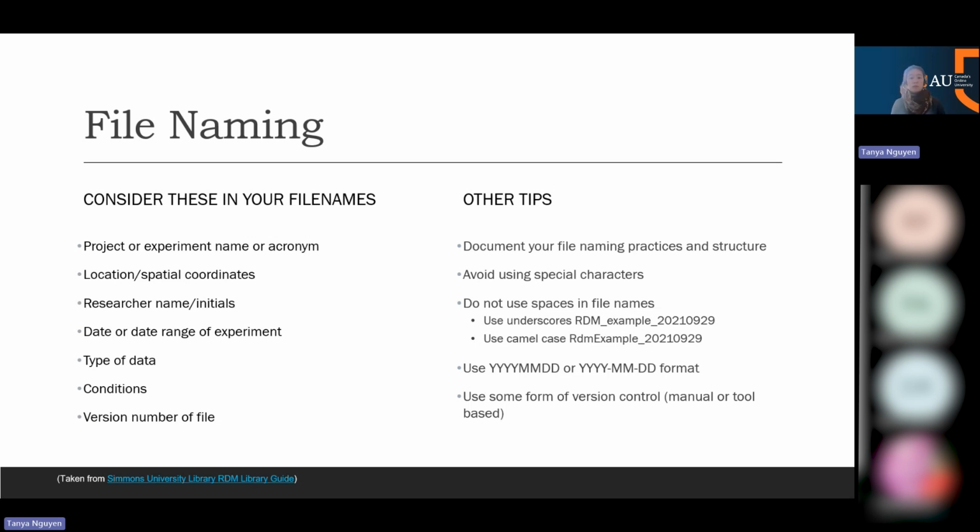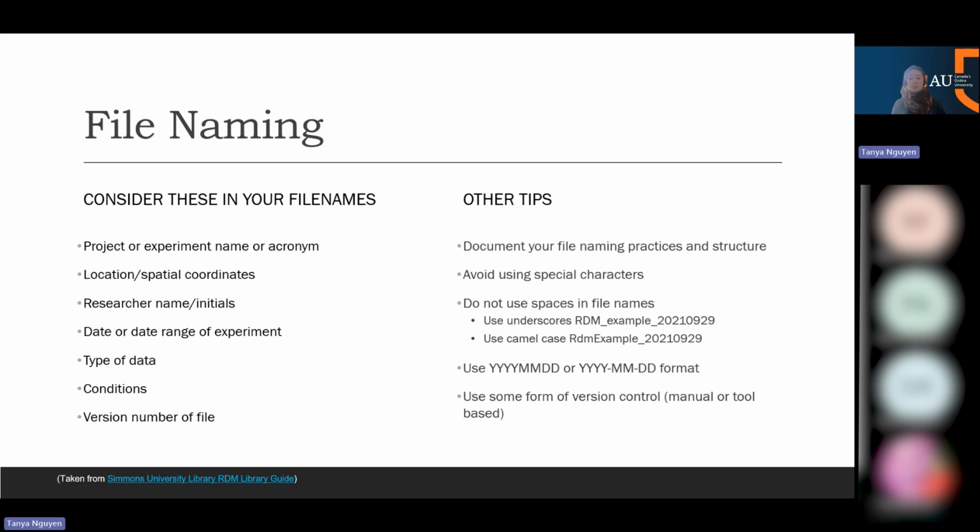Do you want to put the researchers' names or their initials, for example, if they're the ones doing the interviews or collecting a set of data? And do you need a date or date range for the experiment, for the type of data you're collecting? And do you need to indicate what type of data it is in your file name? For example, you can say this type of data is a survey.